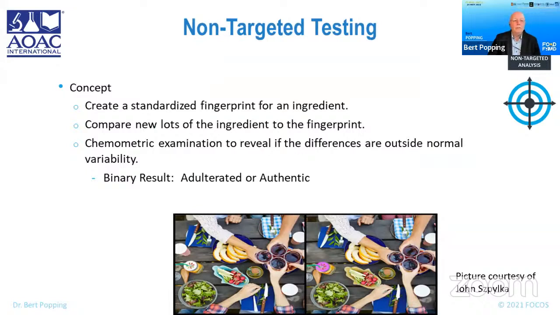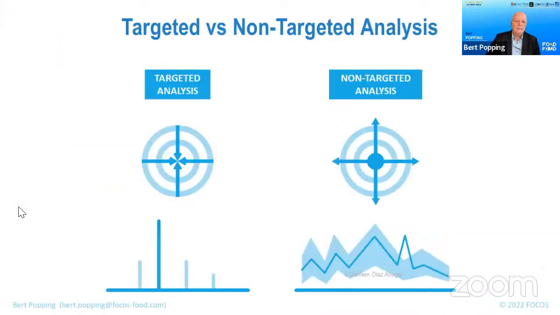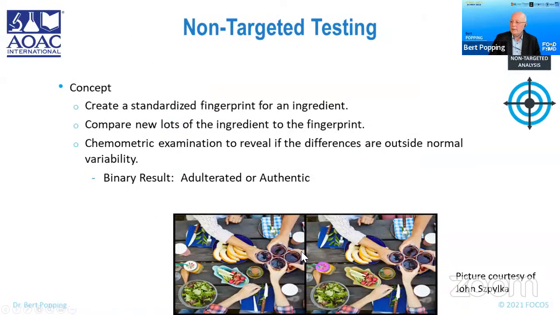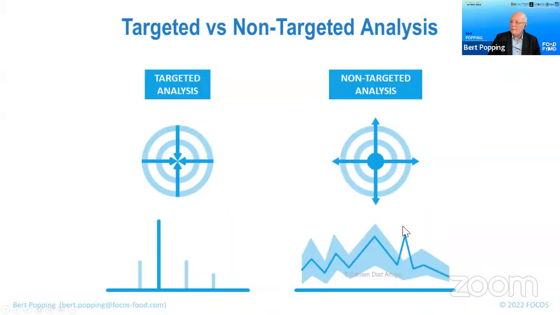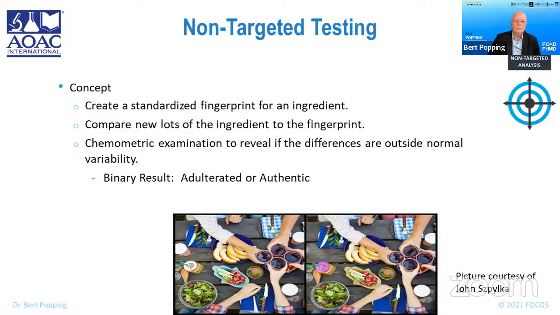The concept was to create a standardized fingerprint for an ingredient and compare new lots of the ingredient to that fingerprint. That's the profile I explained. Then a chemometric examination reveals if the differences are outside the normal variability. If we go back, the light blue area here is your normal variability, and if something is outside, you would start investigating whether it is food fraud.